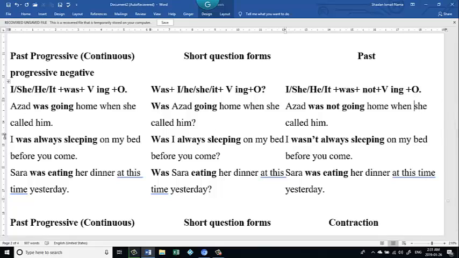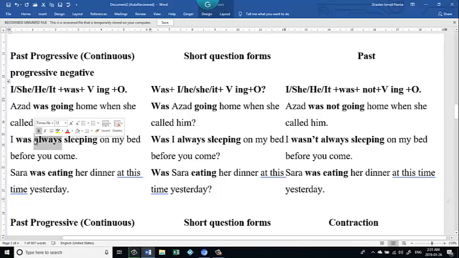Then if you look here at this sentence, I was always sleeping on my bed before you come. Then I have here a continuous action. Then I have the adverb of frequency. Then we said we place it after the auxiliary verb.